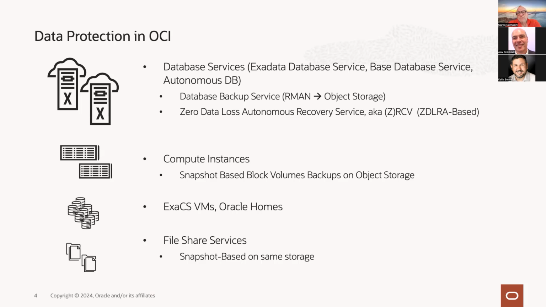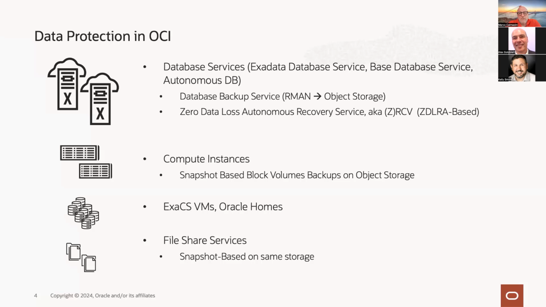It's an OCI service based on the recovery appliance features. It has the same features as the on-premises recovery appliance, like continuous protection, real-time redo transport in order to achieve zero data loss, and incremental forever backups to reduce the impact of backups on production servers.